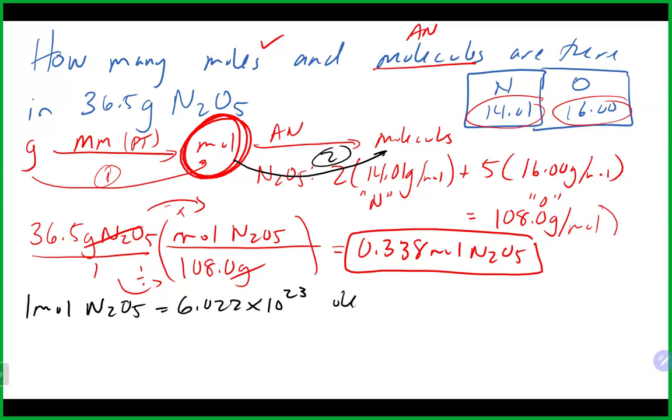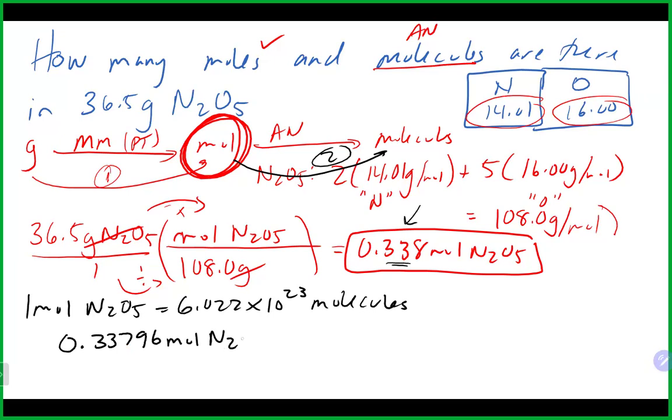These would be molecules in this case, as N2O5 is a molecule. So again, we want to use molecules as our unit here. I'm going to use the unrounded number that's on my calculator here, since we also want the last part.